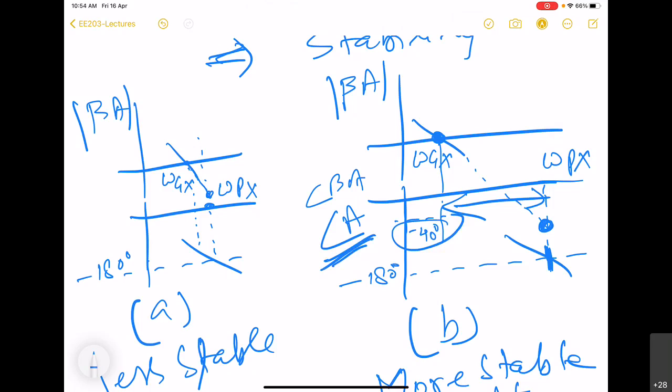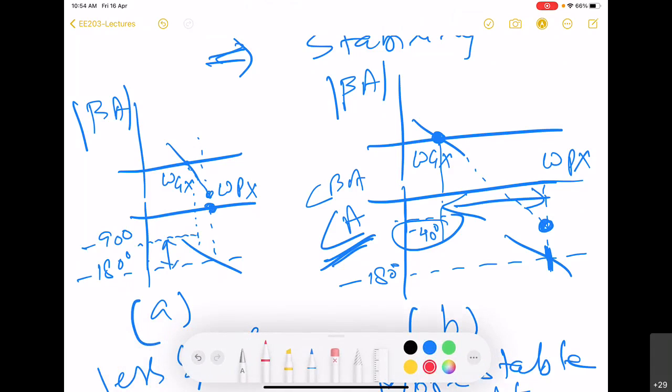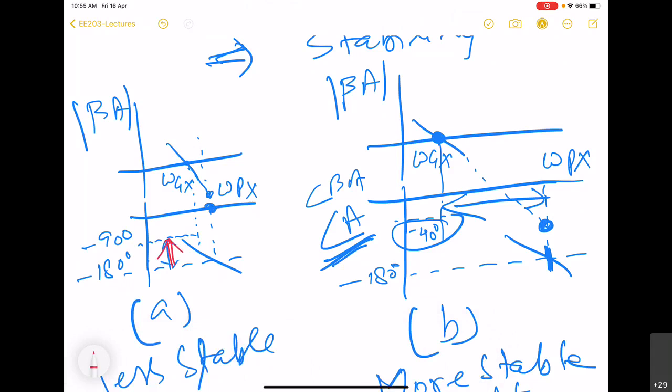However, if you take the first example, example A, the phase is going to be, say, minus 90 degree, because it is closer towards omega px, that means closer towards the 180 degree point. So in this case, you can see that the phase margin is smaller compared with case B. So this is PM.